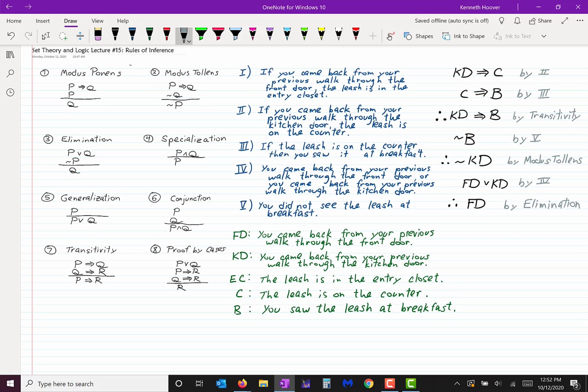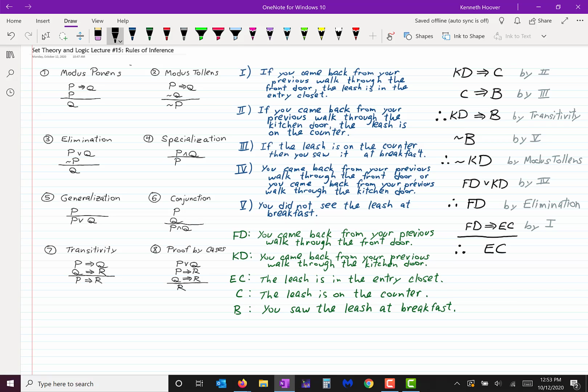You still need to point out FD implies EC. And that's true because it's given as premise number 1. And then you can make your final conclusion. Therefore, EC. In other words, the leash is in the entry closet.